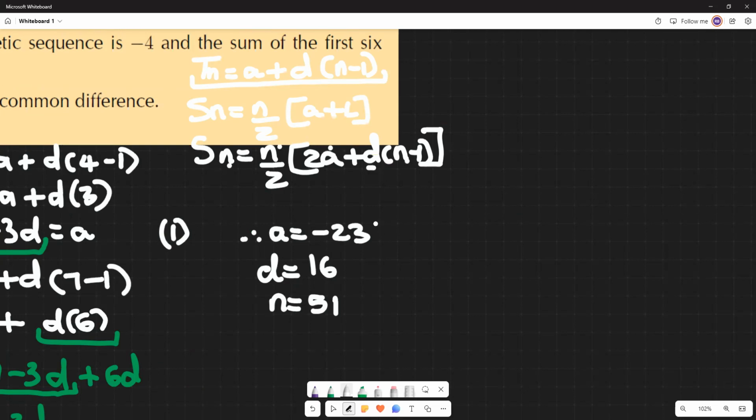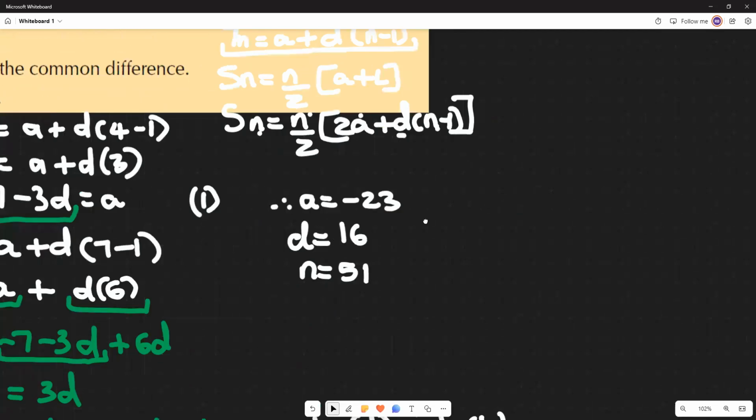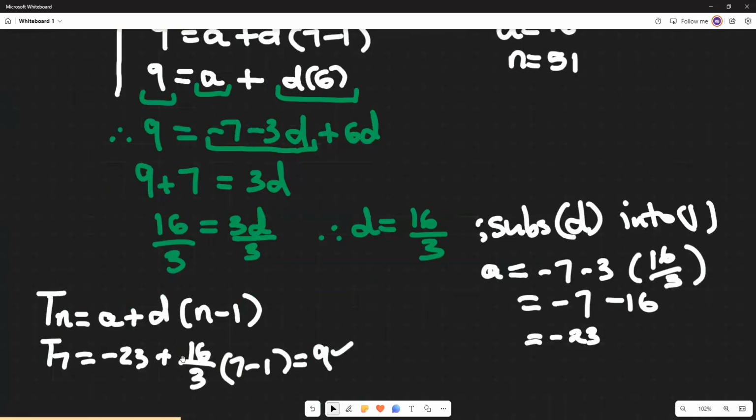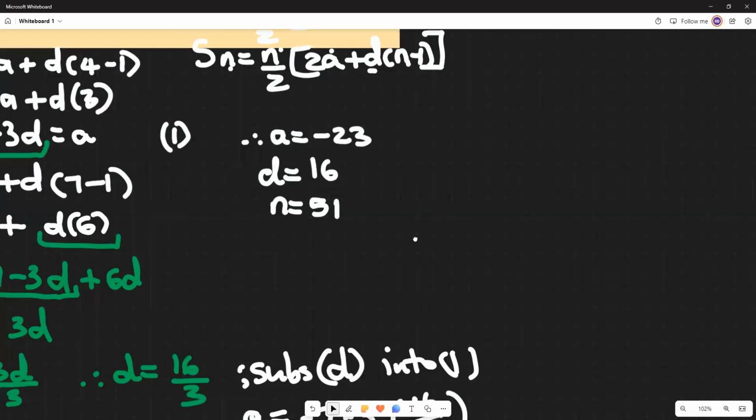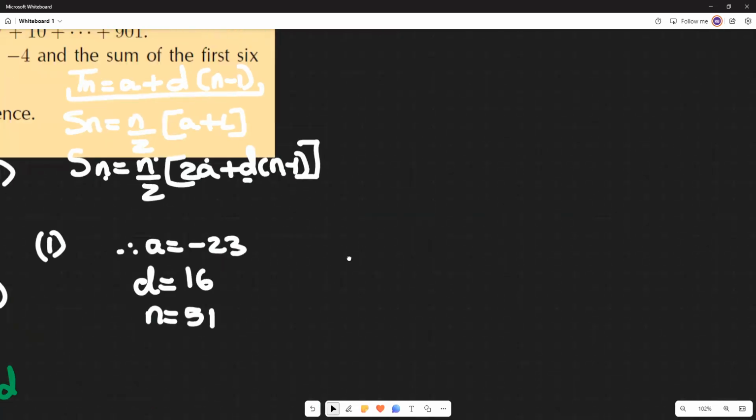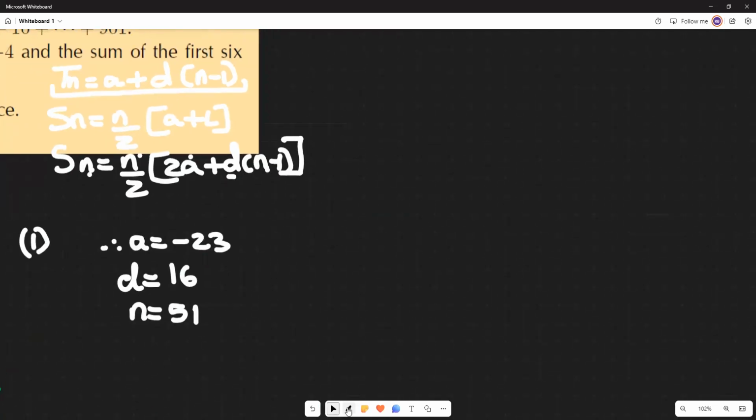For you to use this one, you can find term 51 by substituting 51 here, basically. You can first substitute 51 here, and then it's going to give you the last term. Then you can use that other formula. But I'm not going to use it, so I'll just use this one.